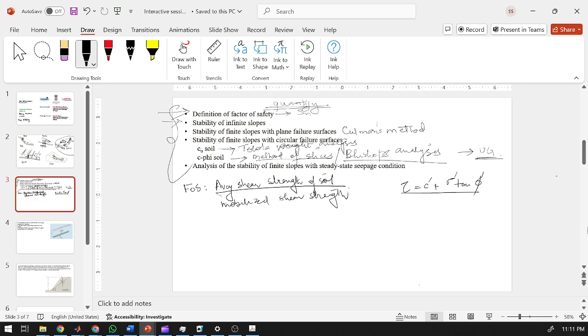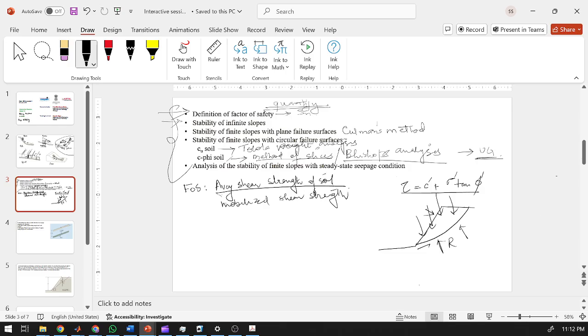Mobilized shear strength is not the maximum shear strength. If we talk about a slope, for example, we have a failure plane. The stress will depend upon the loading that is coming down, and the reaction force will depend upon this loading.